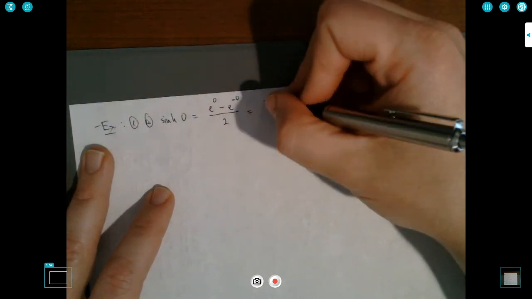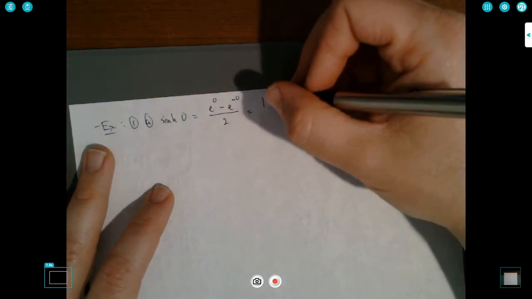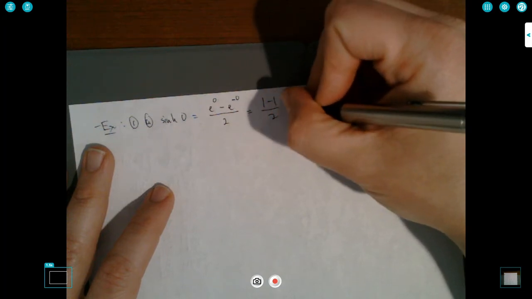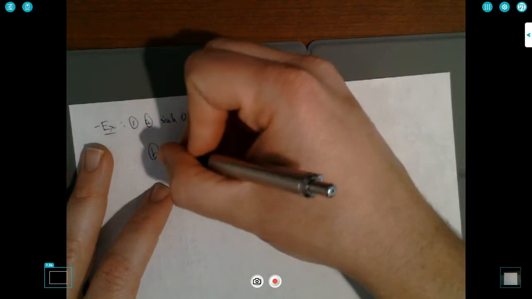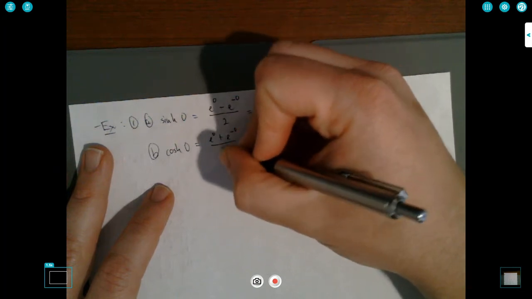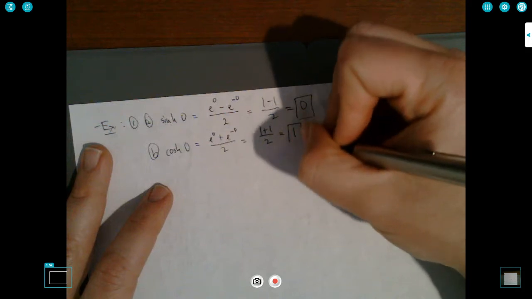Anything to the 0 power is just 1, except for 0 itself, which is an ambiguous case. Negative 0 is just 0. So this is just 1 minus 1 over 2, which is 0. Cosh of 0 is e to the 0 plus e to the negative 0 over 2. That would be 1 plus 1 over 2, which would be 1.